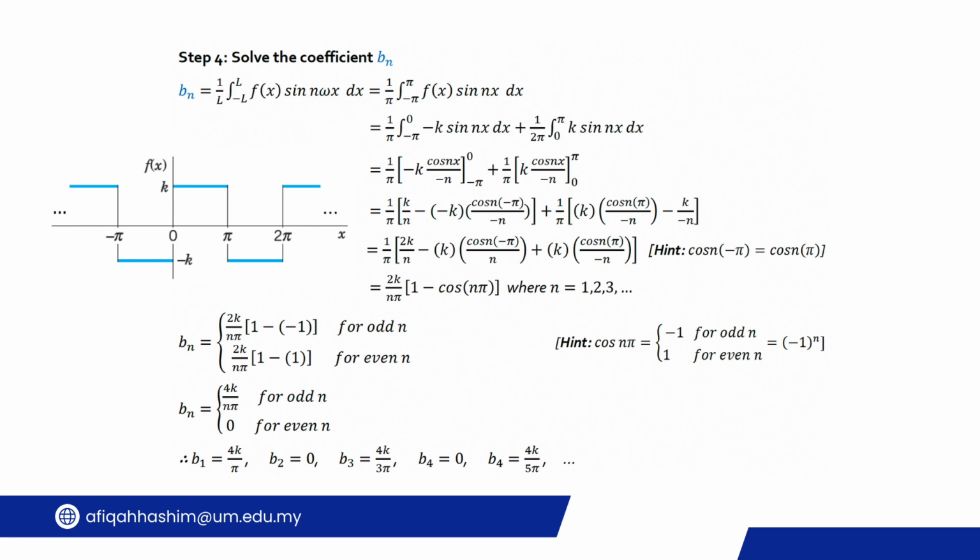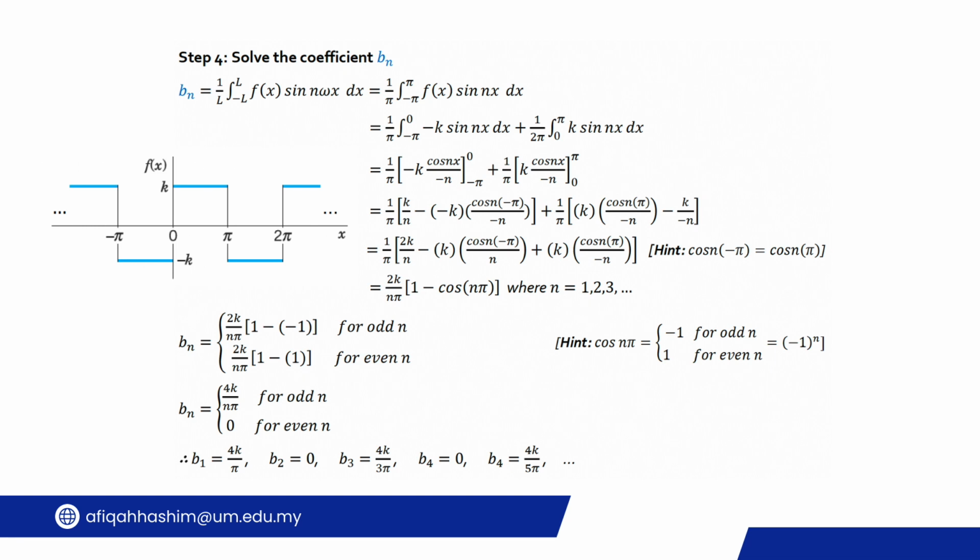So for odd n, you will get the value as negative. But if it is even, you will get the value of 1 as positive. So 1 minus negative 1 becomes 2.